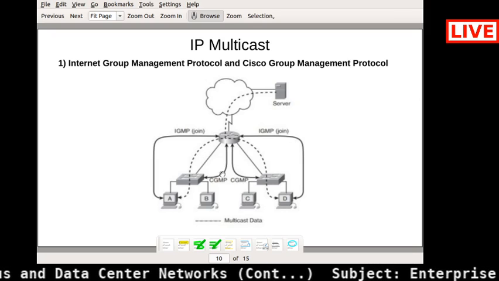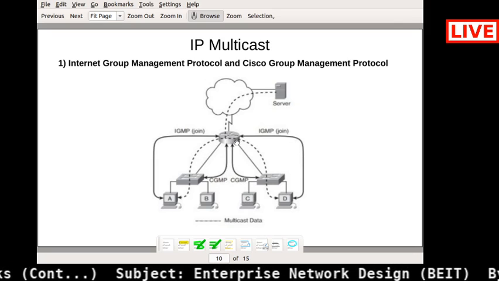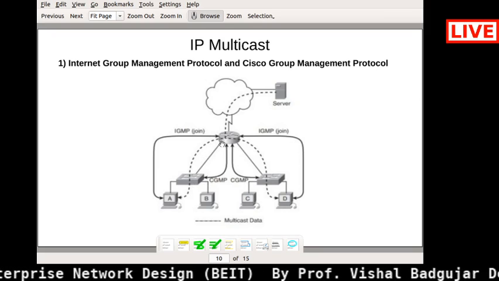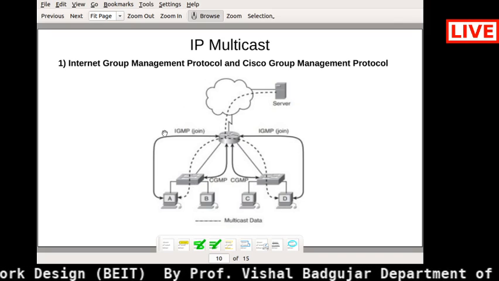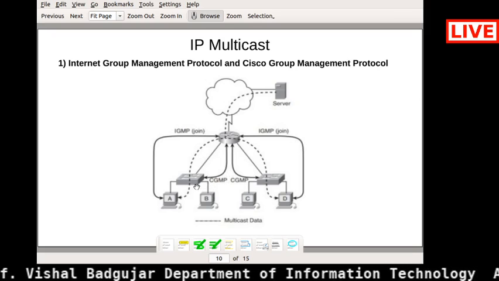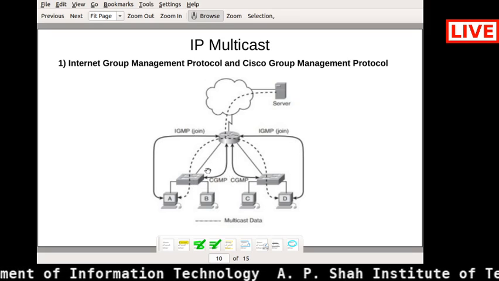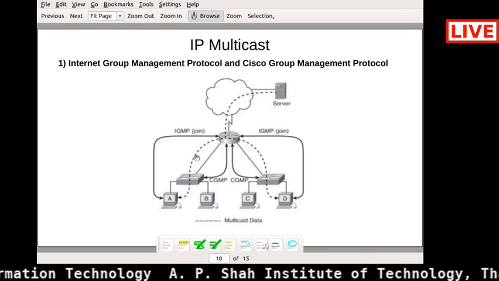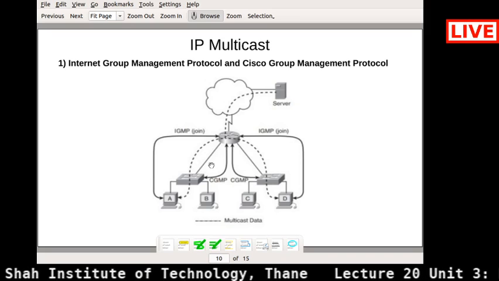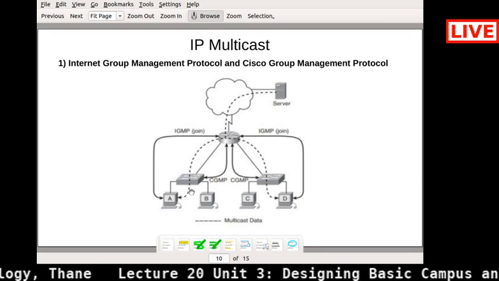Now in this network, these routers are connected to layer 2 switches, and IGMP is a layer 3 protocol. So these layer 2 switches are not participating in the IGMP multicasting, therefore they will not be part of the multicasting group.